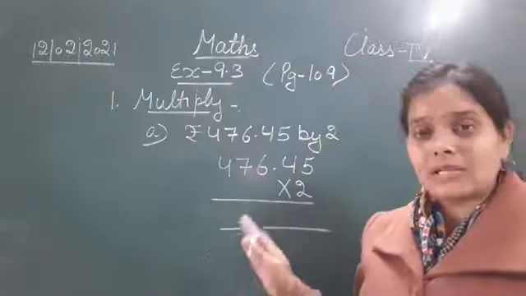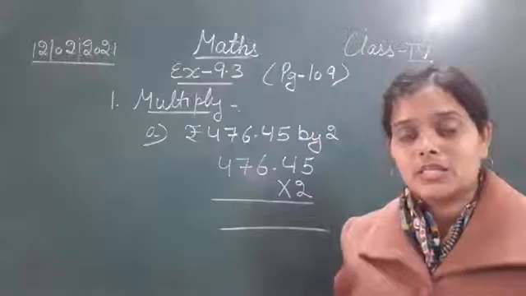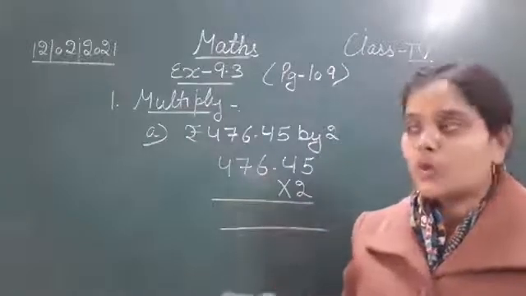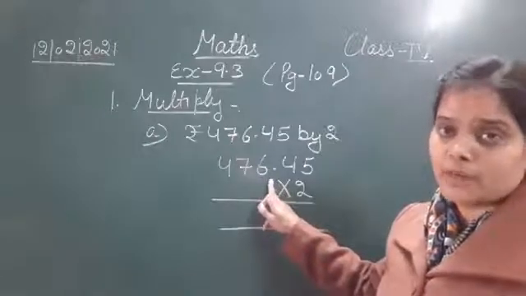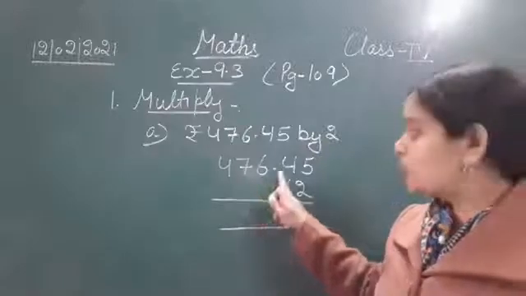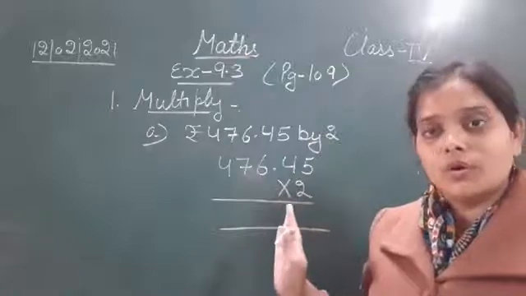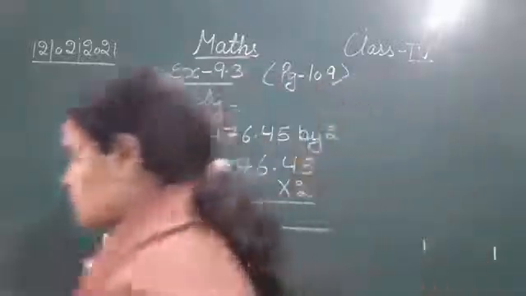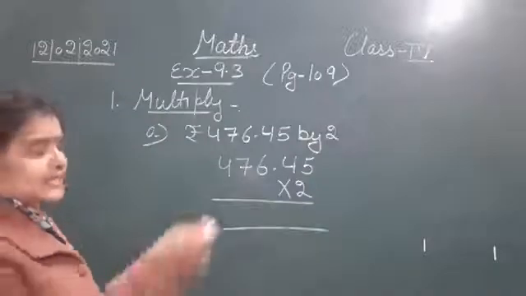So don't get confused with the point that is mentioned here. You will just do the simple multiplication as before. After doing the multiplication, I will tell you how you are going to use this decimal.